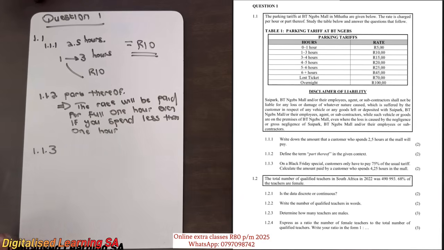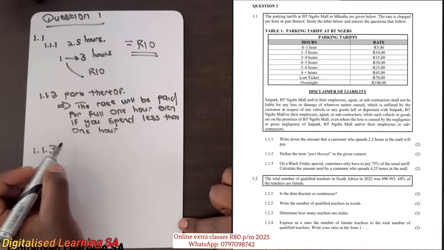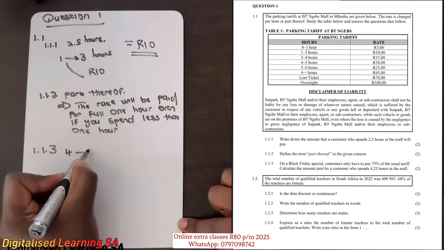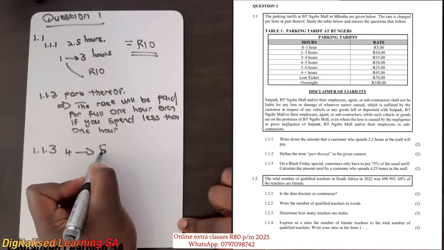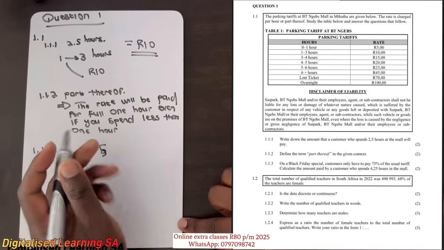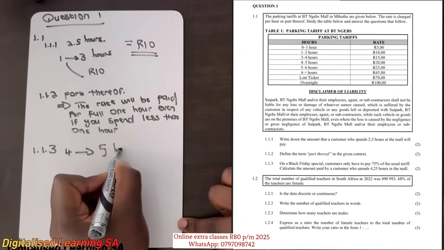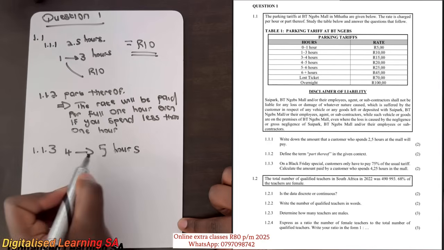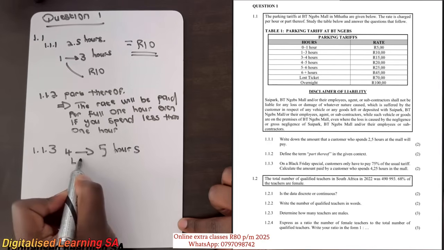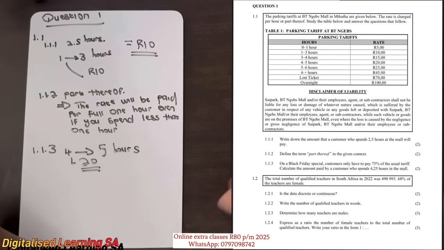If we look at our table, we can see that from 4 hours to 5 hours, the rate is 20 rand.